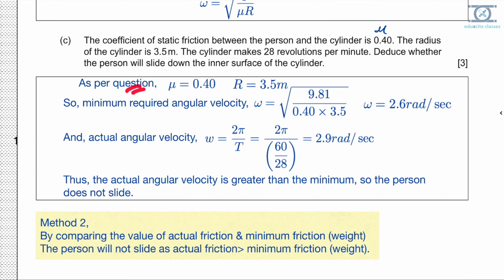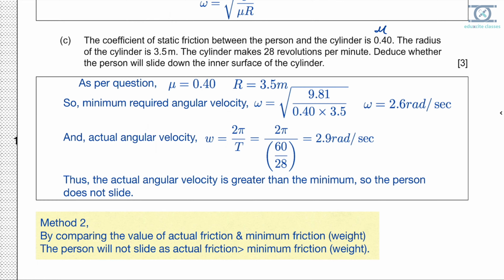So using the same equation which we have shown above, we can find the value of omega by just putting in the values, that is square root of g upon mu r, which is 2.6 radian per second. Also we know that angular velocity omega equals 2 pi upon T, where T is the time period.